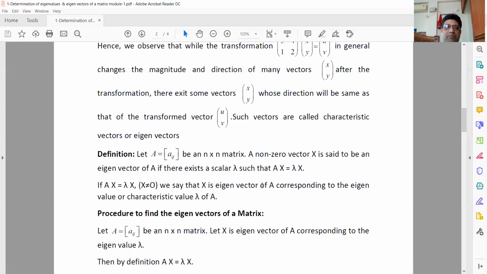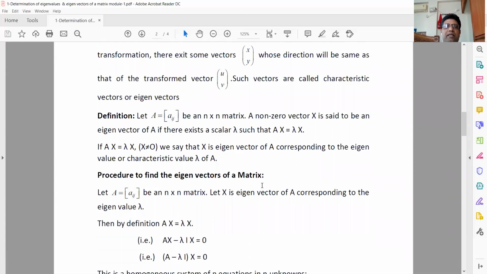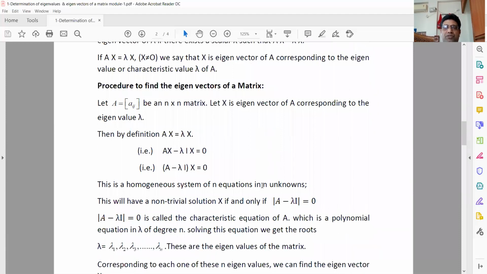Now we will see the procedure to find the eigenvectors of a matrix. Let A be any n by n matrix, and assume that x is an eigenvector of A. Then by definition, Ax equals lambda x.